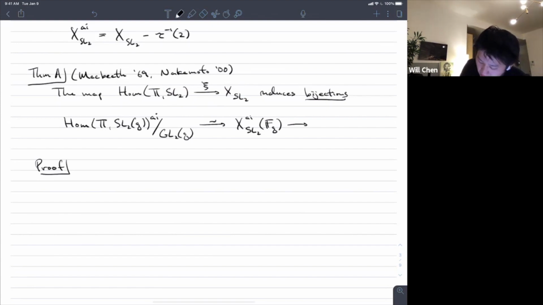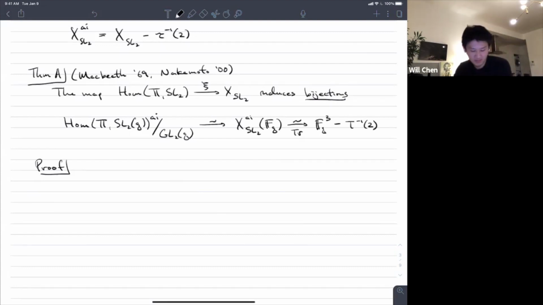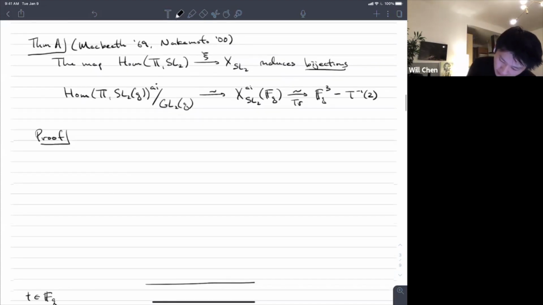And we know already that, by taking trace coordinates, this is the same as looking at FQ cubed minus the preimage of 2. Okay, so I'll just quickly sketch the proof following Nakamoto.